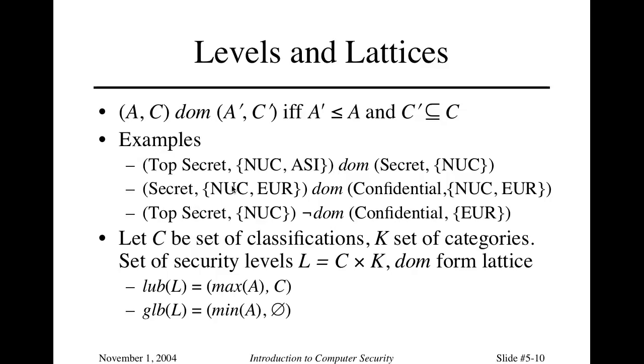Let's look at the second example. Secret is higher than confidential. Then if you look at the categories, they're the same. Then we can say the left secret level dominates the right confidential level. Now look at the third example.